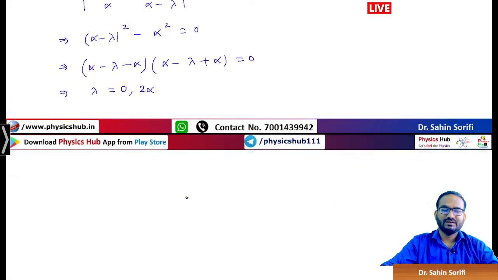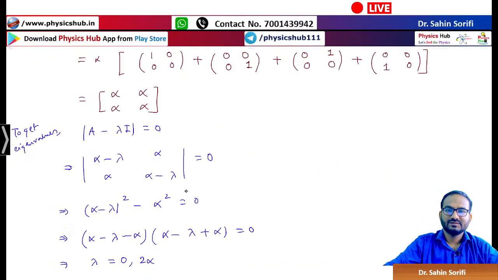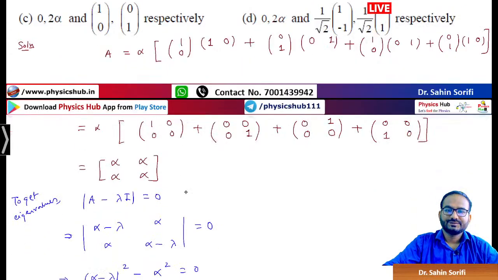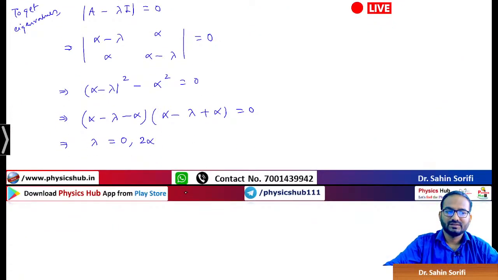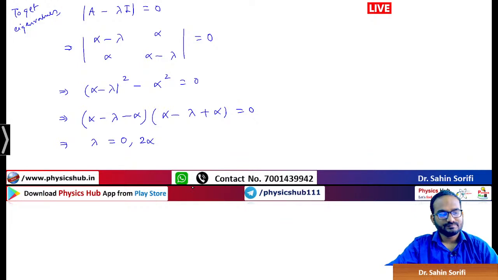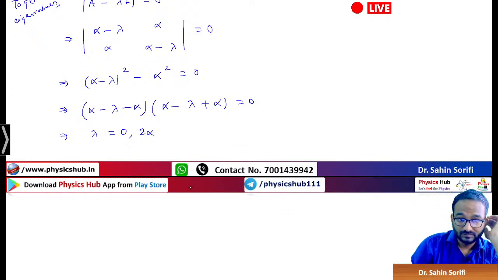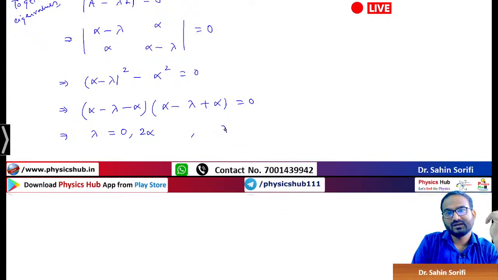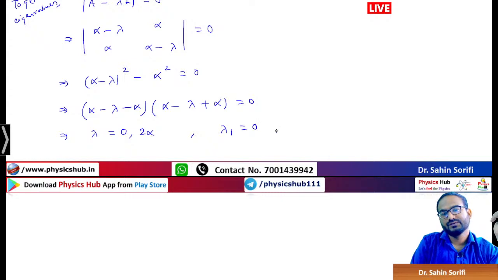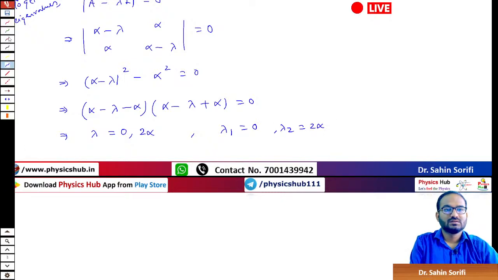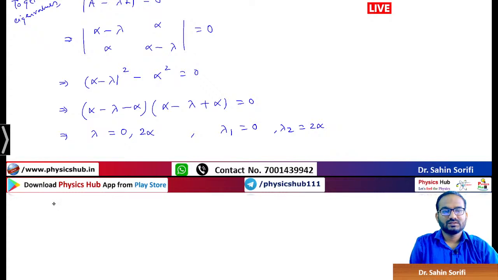Now we have to find the eigenvectors corresponding to these. How to calculate the eigenvectors? So let's say lambda 1 equals 0 and lambda 2 is equal to 2 alpha. Let us calculate the eigenvector corresponding to lambda 1 equals 0.